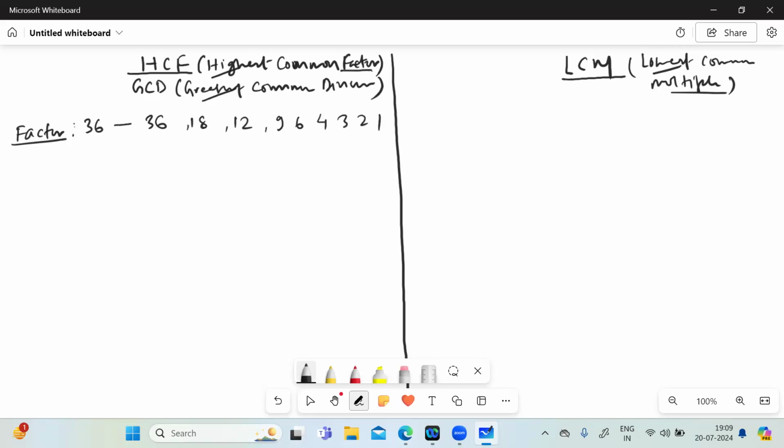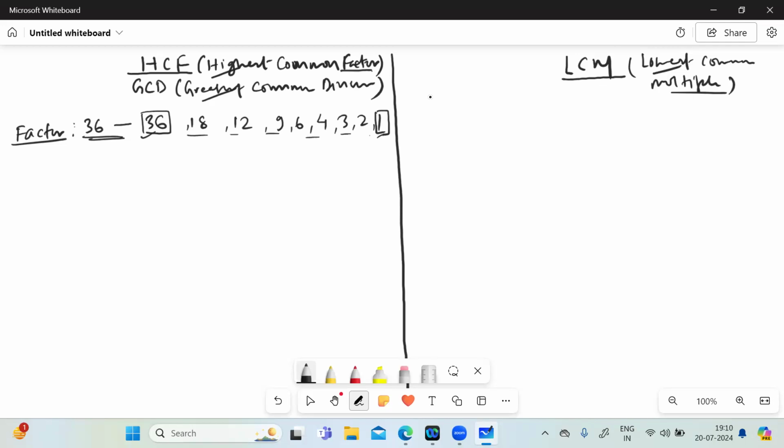All these are factors of 36. So the highest factor is the number itself, and the smallest factor is 1. For all numbers, it will be 1. This holds true for all numbers, and then we can have other factors in between them.